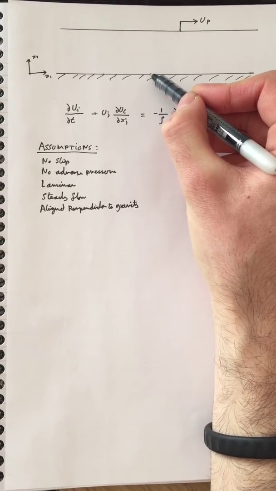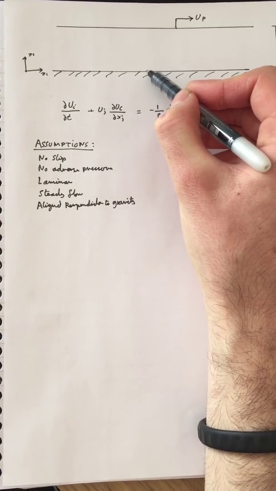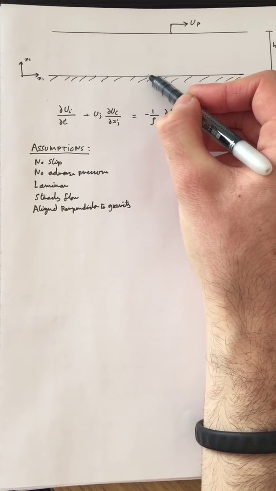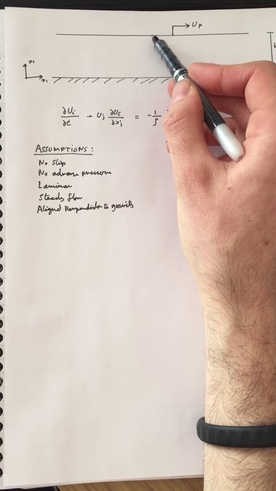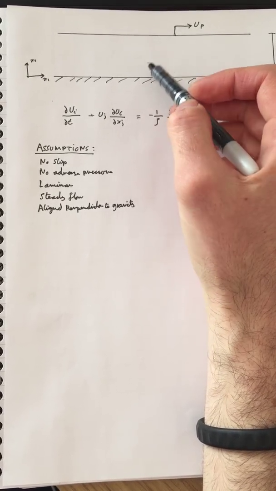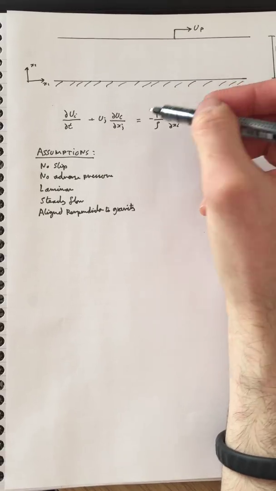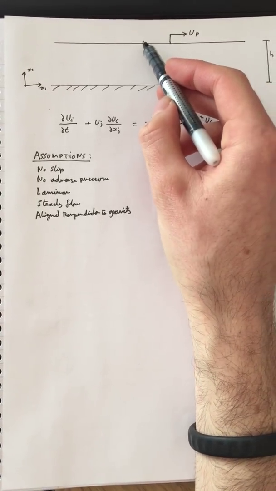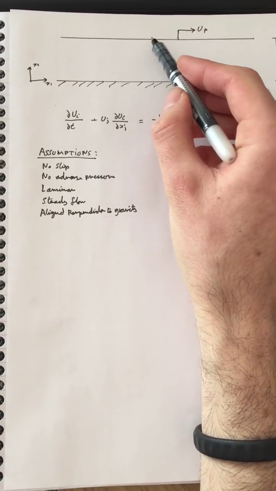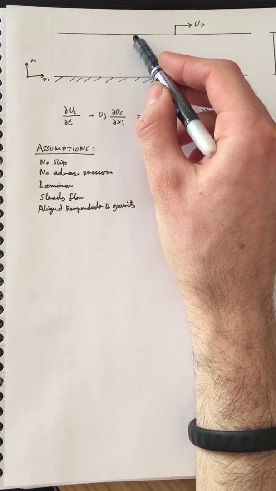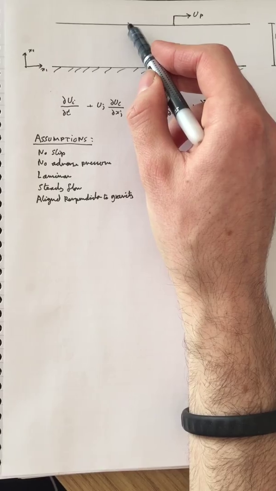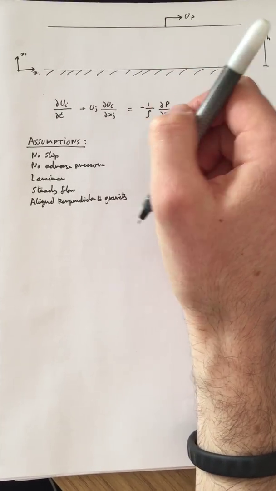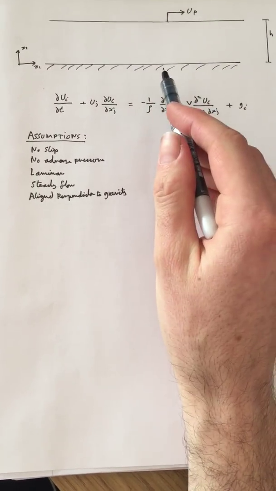So with respect to the velocity of this surface, the fluid velocity will be 0, and same with this one here, with respect to this surface the velocity would be 0. As this plate's moving, the fluid will move with the plate, so the velocity of the fluid at this plate here is equal to U plate.